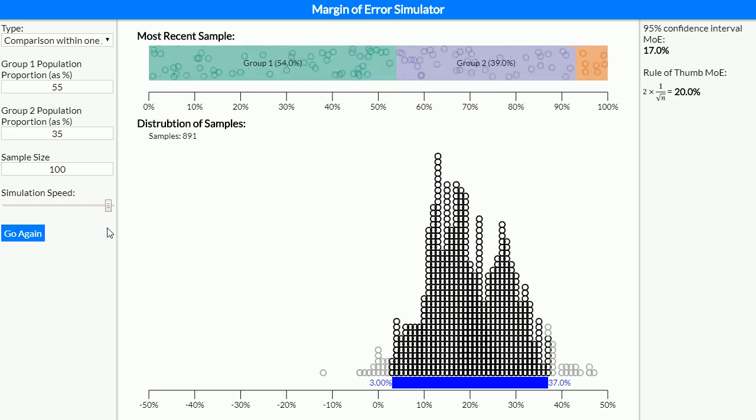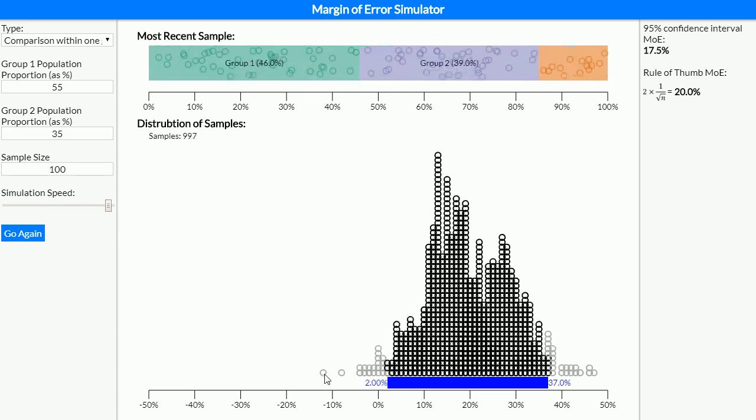We can see occasionally we get some really small differences or negative differences, and occasionally we get some really big positive differences. But 95% of the time we're getting a difference between 2% and 37%, which gives us a margin of error of 17.5%, which is very similar to our rule of thumb of 20%.